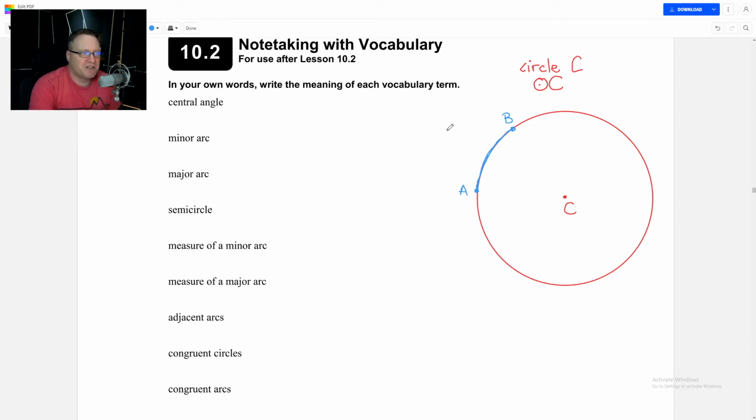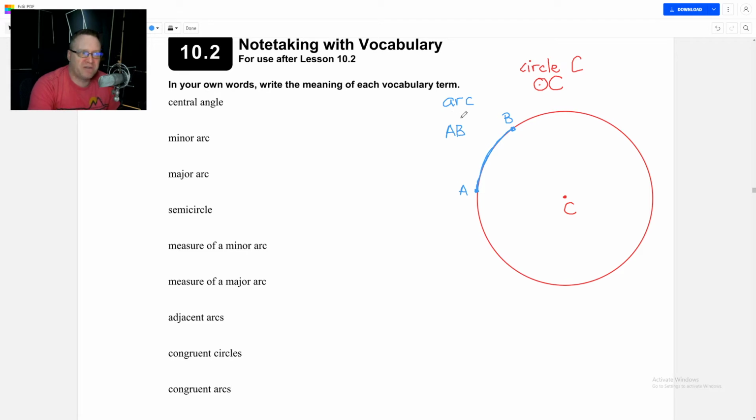And we give this a special name. We call it an arc. A-R-C. Arc is the name that we use for a part or a piece of a circle, all right? So, AB here is an arc. And when we write the name of this arc, we write A, B. Now, if it's a line segment, we put a line segment on top.